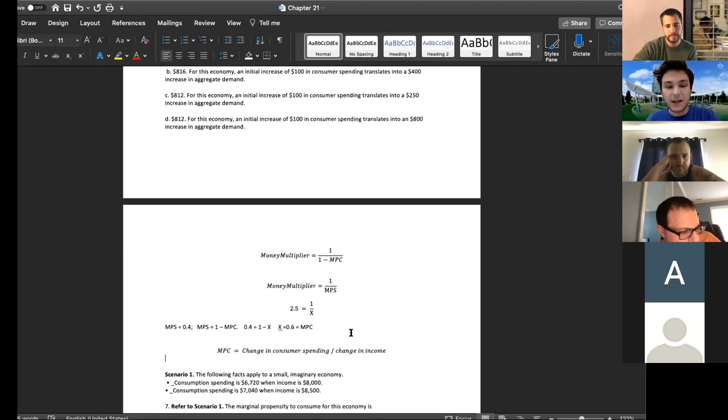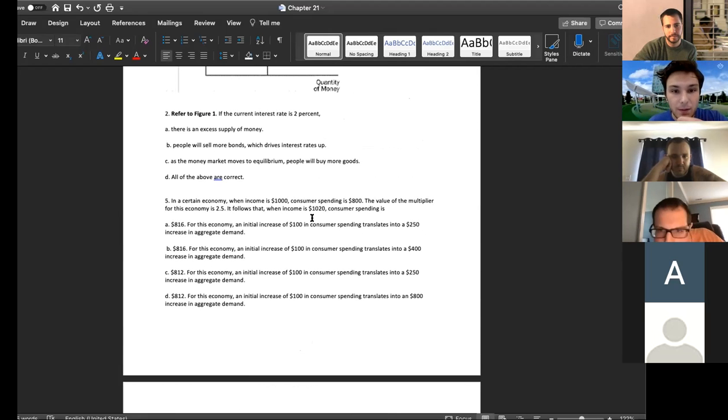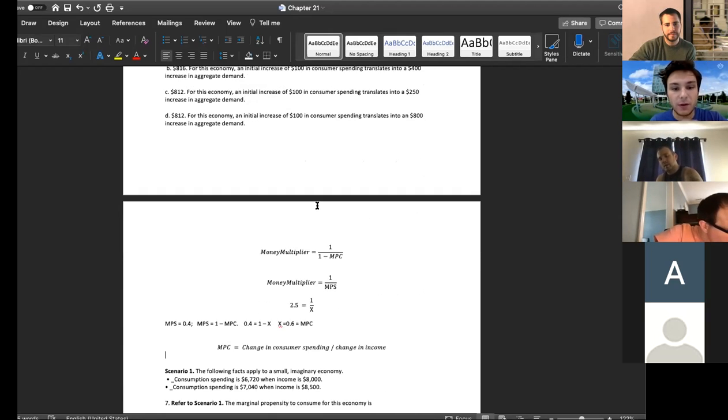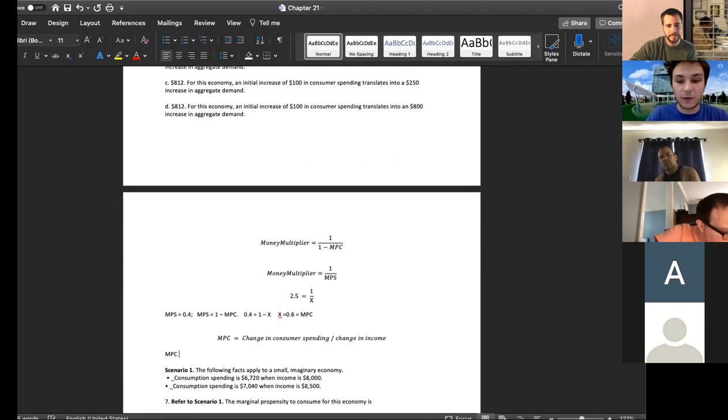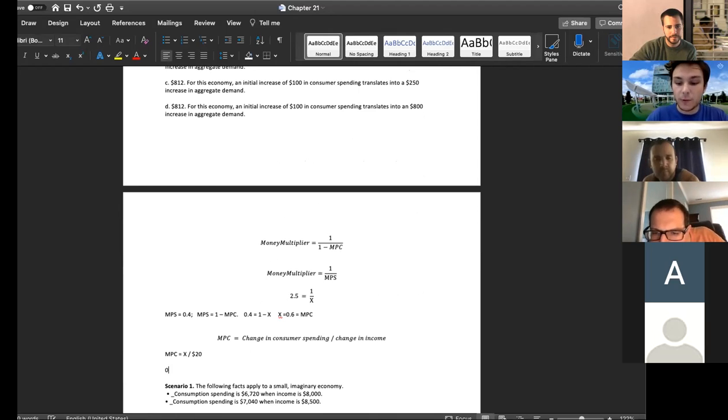So having that taken into consideration, when we went from $1,000 to $1,020, our income changed by $20. So MPC is equal to X divided by a change of $20. If we know our marginal propensity to consume is 0.6, then what is X going to be equal to?